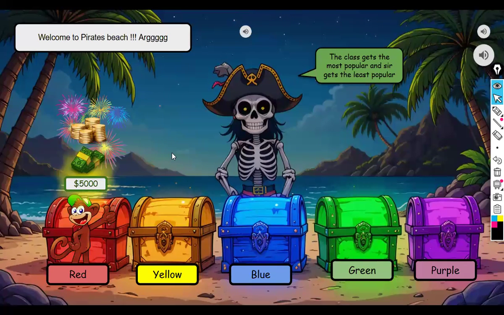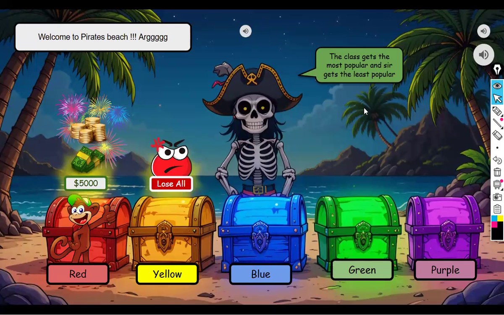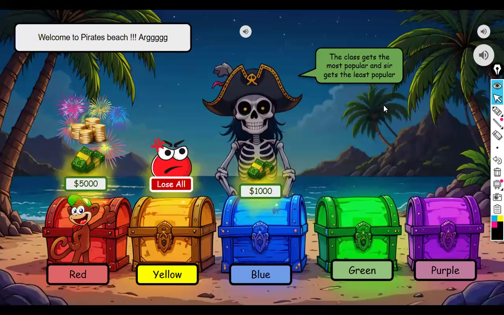Red chest. Oh, the red chest was the good one. The red chest was $5,000. So none of us got that. I'm the yellow chest. So what did I get? Oh no, it seems I got the lose all chest. So I'm back down to $0, guys. You're teamed up against me. This is some kind of obeah or voodoo. Blue chest was $1,000. Green chest is $2.